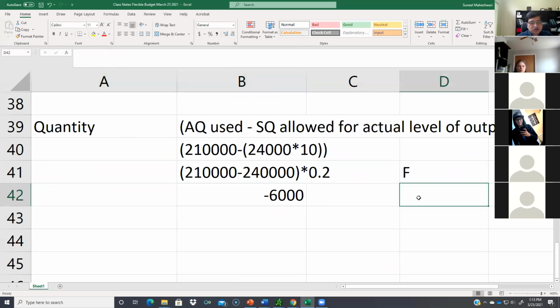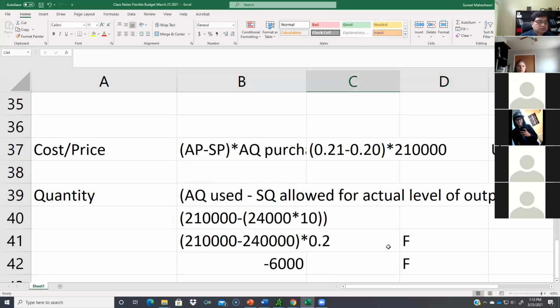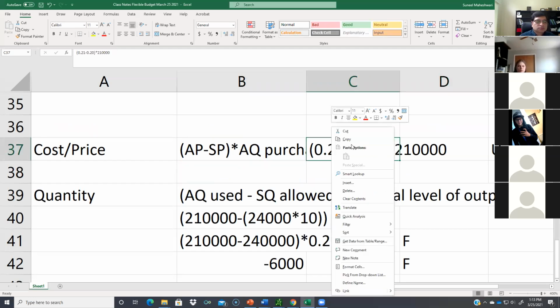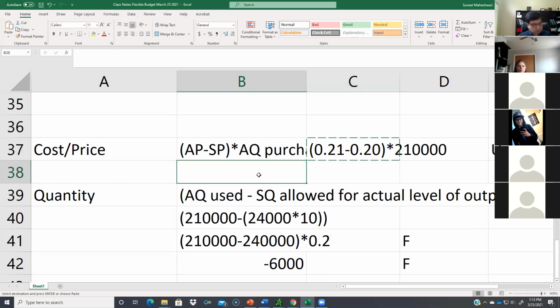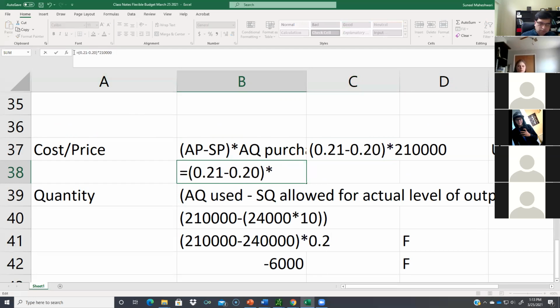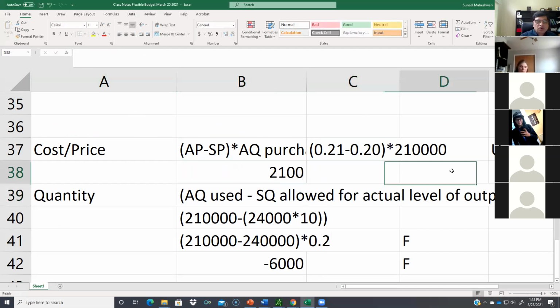So this is 6,000 favorable. Ignore the minus sign here. This is 2,100 unfavorable.